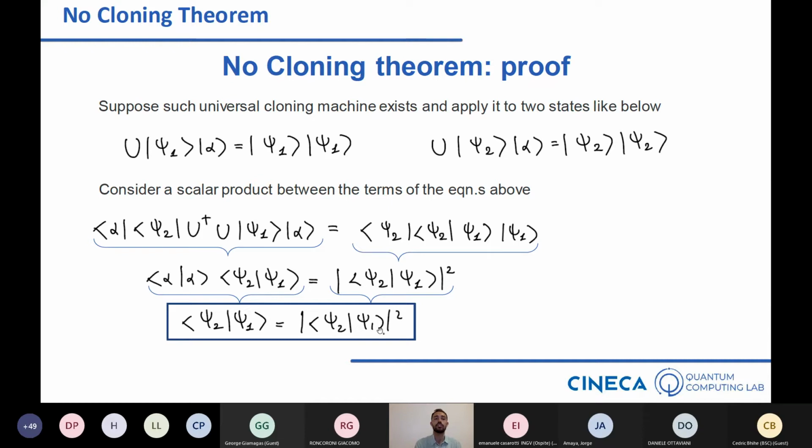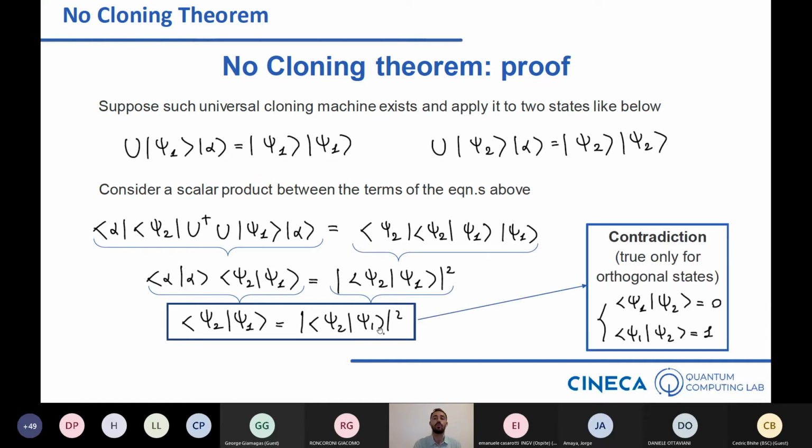But this equation is true only for orthogonal states. What does it mean? It means it's true only when the scalar product of psi1, psi2 is 0, or when it is 1.